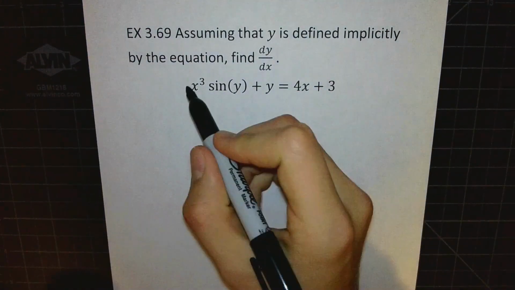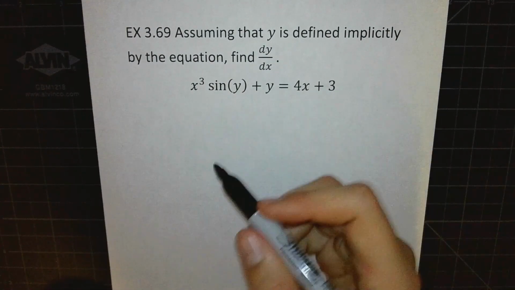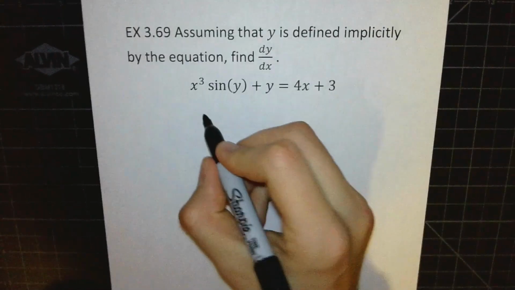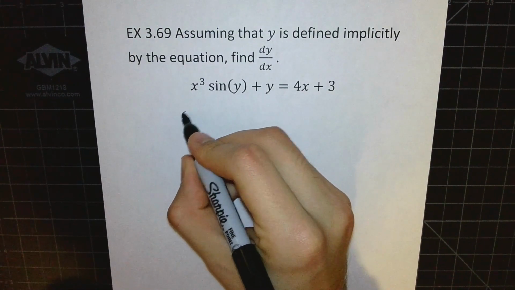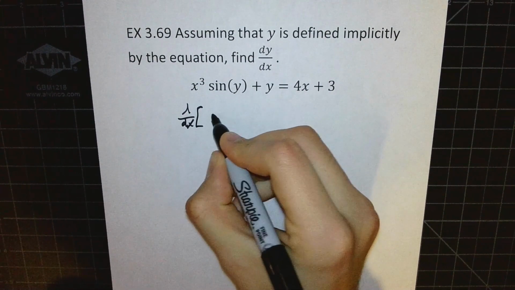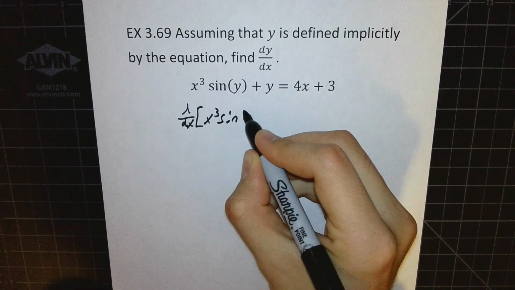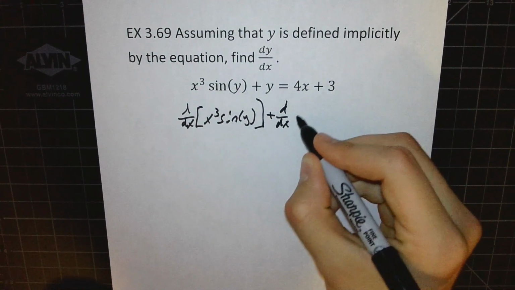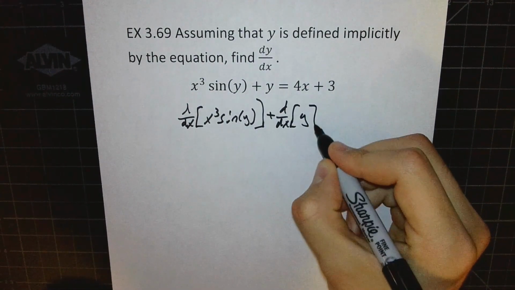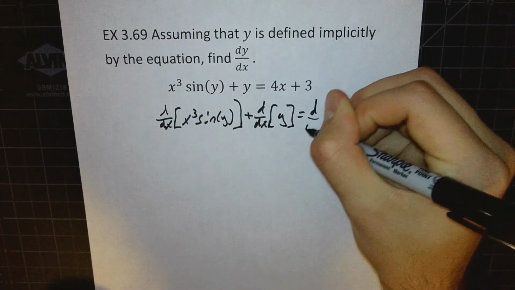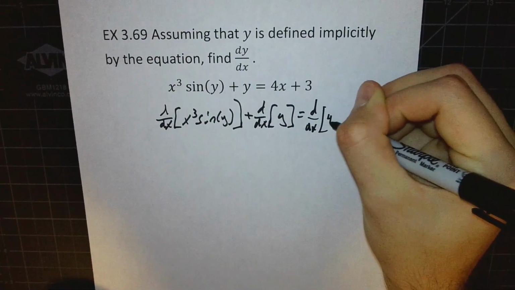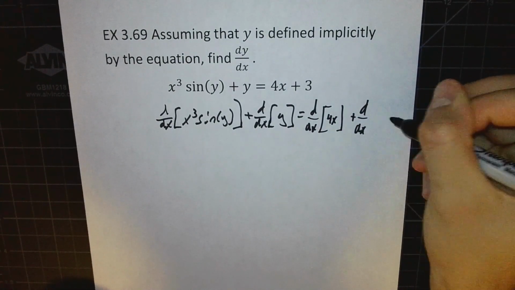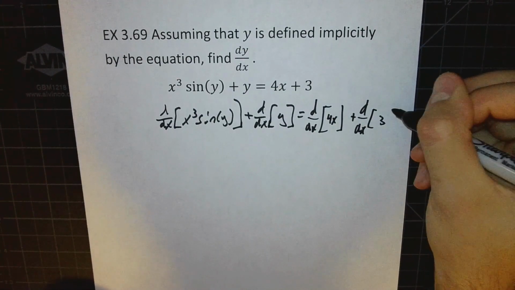So here, we'll start by taking the derivative, right? So we'll split it across addition, because we know we can do that. So we'll end up having d/dx of x cubed sine y plus d/dx of y is equal to d/dx of 4x plus d/dx of 3.